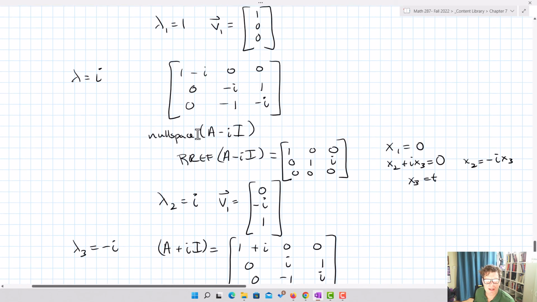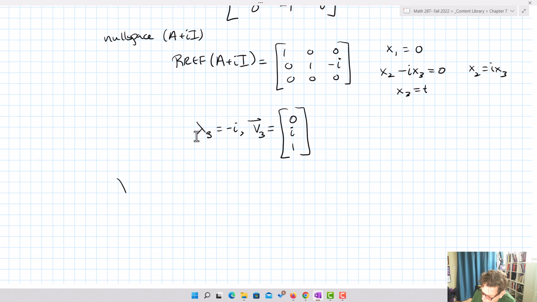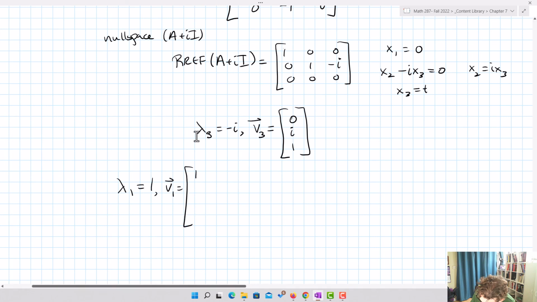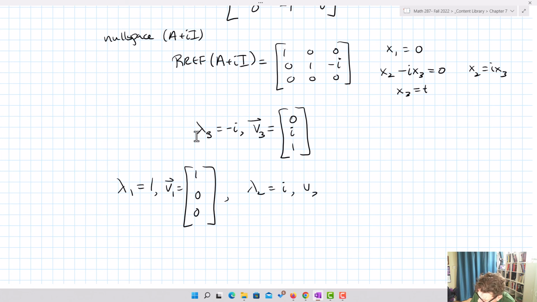So if I write it all down, what do I get? I've got lambda 1 equals 1, with associated eigenvector v1 equal to 1, 0, 0. Lambda 2 equals i, with associated eigenvector v2 equals 0, negative i, 1.